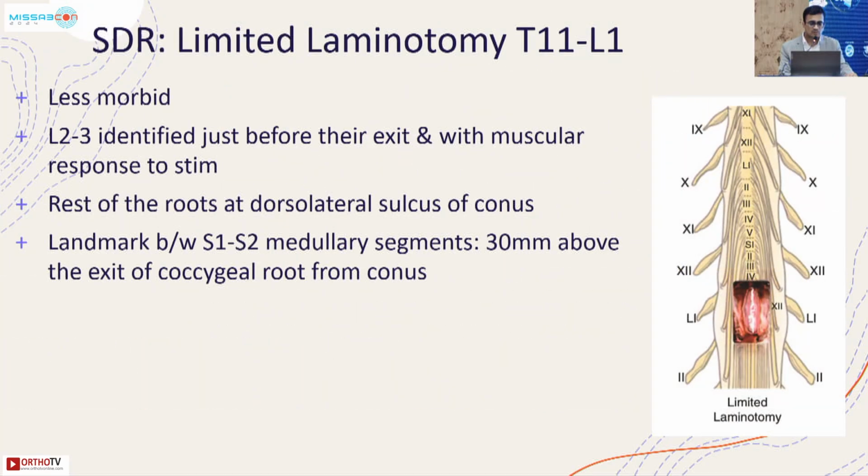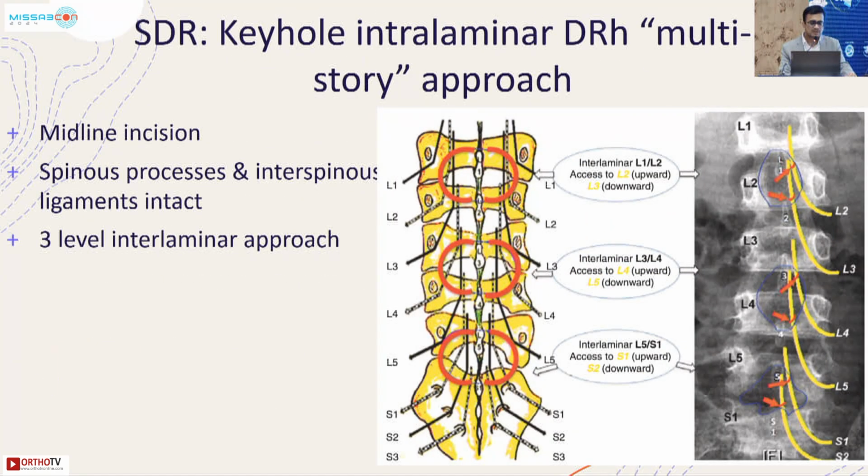Limited laminotomy from T11 to T11 is a similar approach, and at the level of conus cauda, root identification and resection is done. Similarly, in the keyhole interlaminar multilevel approach, a midline single incision is made, but rather than doing extended laminectomies or laminotomies, it is just like opening a window between the two laminae.